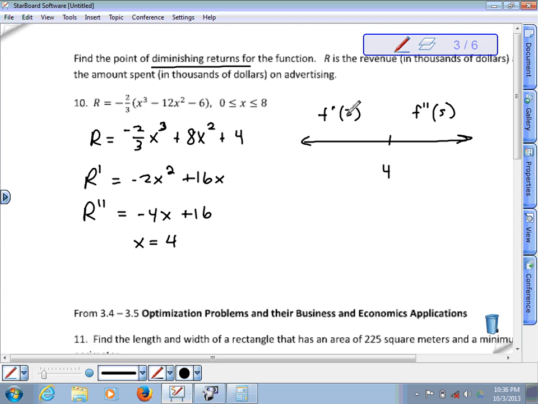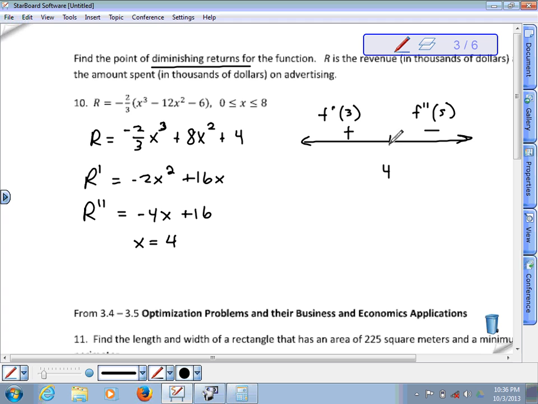Plugging a 3 into the second derivative here, negative 4 times 3 is negative 12 plus 16 is positive. And then 5, negative 4 times 5, negative 20 plus 16 is negative.